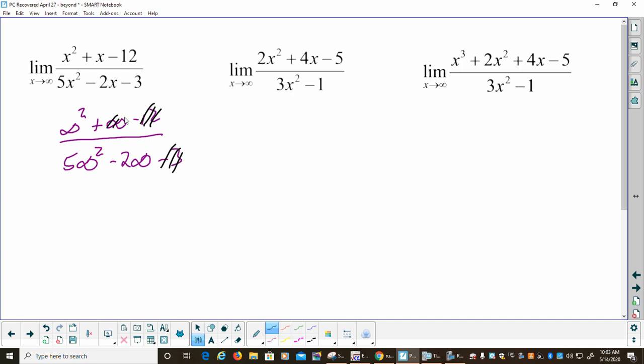So I'm going to cancel this out. I'm not canceling it up and down. That's not what I'm doing. This piece compared to this piece is tiny, so I'm going to get rid of it. This piece compared to this piece is tiny, so I'm going to get rid of it. So at this point, I'm infinity squared over 5 times infinity squared. These pieces are the same size, so I'm going to cancel them out. But remember, there's a 1 upstairs, so your answer is 1/5.